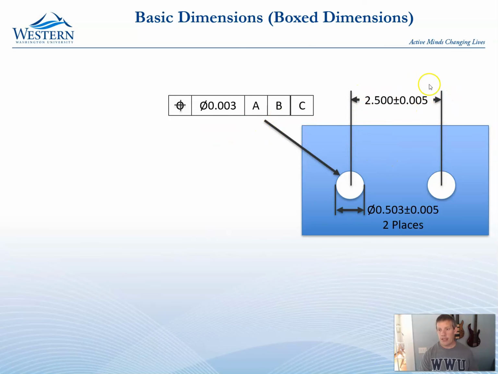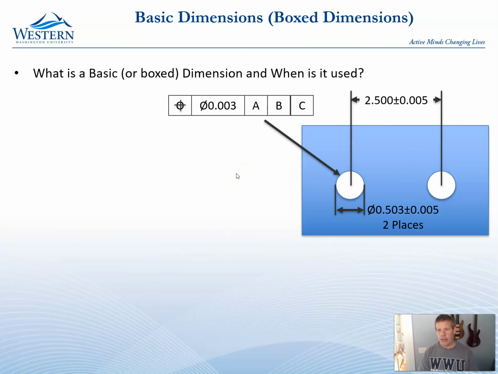Is this the tolerance on the position of these two holes, or is this true position? So what you do in this case is, because I called out true position using GD&T here, then I need to make this distance between the holes be a boxed dimension. That is a basic dimension. This does not have a tolerance.